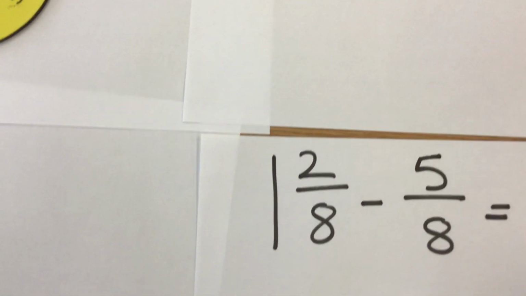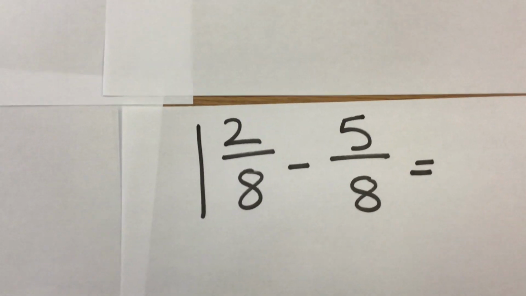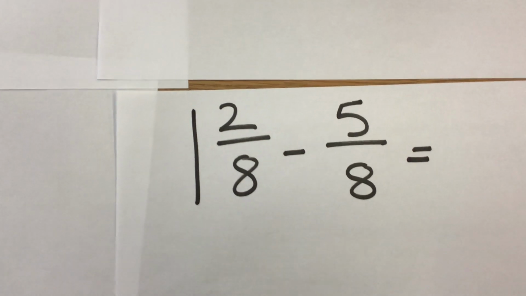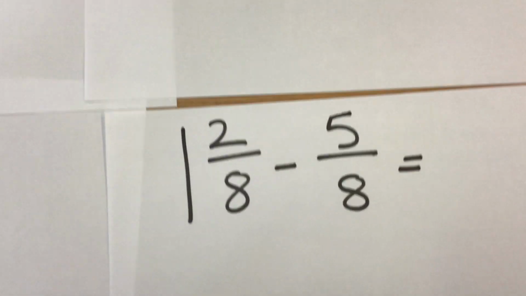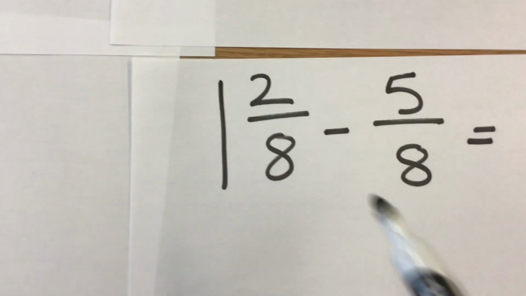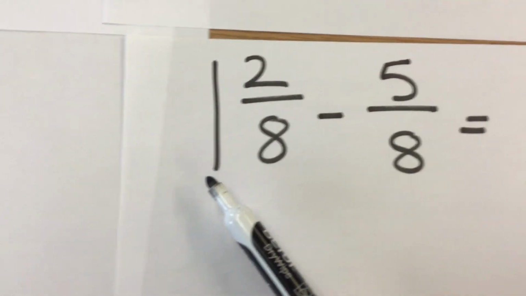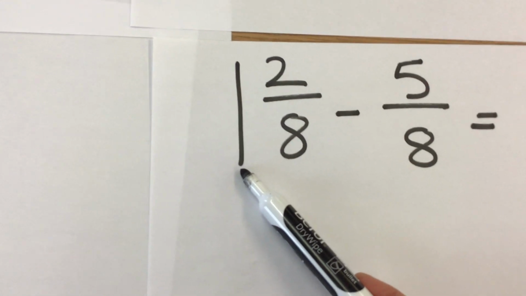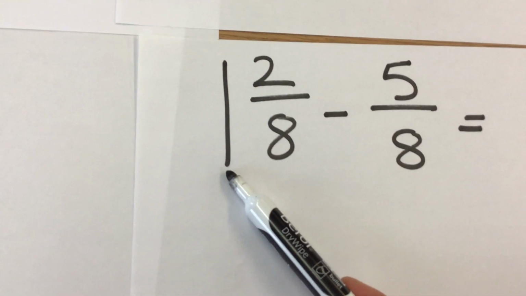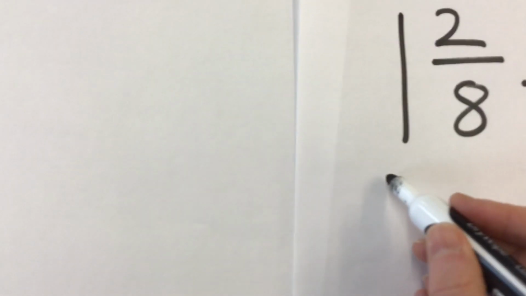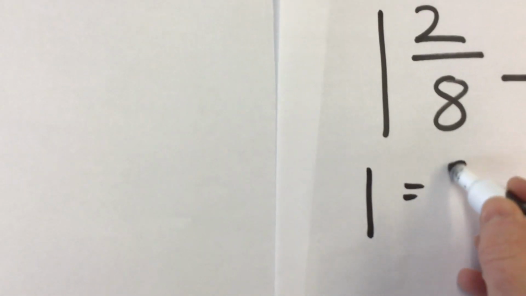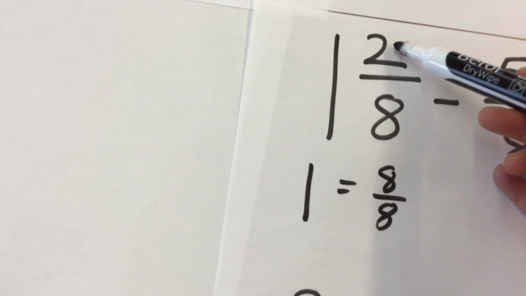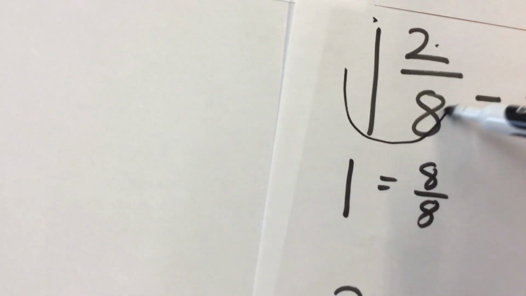Okay, a couple more. Another tricky one here. I've got 1 whole and 2/8 subtract 5/8. Now again, I'm going to have to use my whole number. Because we're working in eighths, this time this is going to be 8/8, isn't it? Remember, the 1 whole equals 8/8, but then I've also got 2/8 in this part of the calculation.